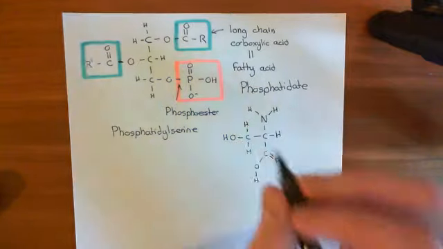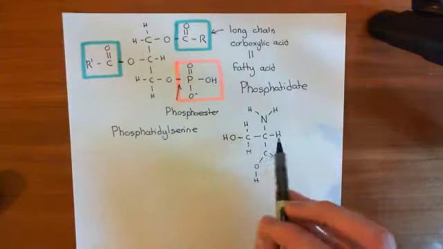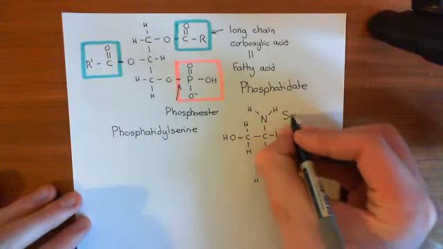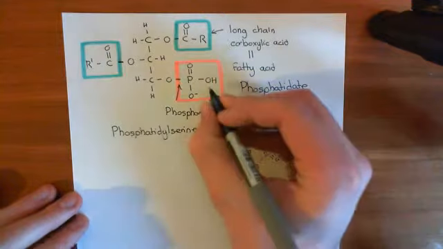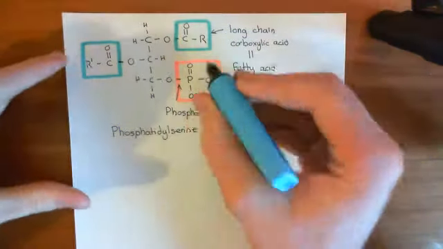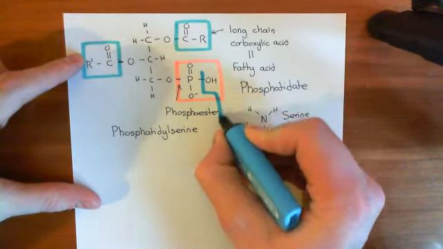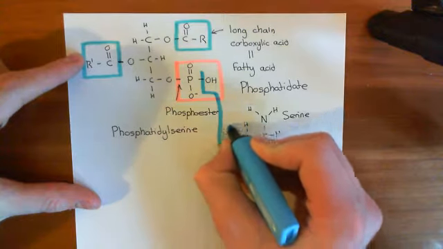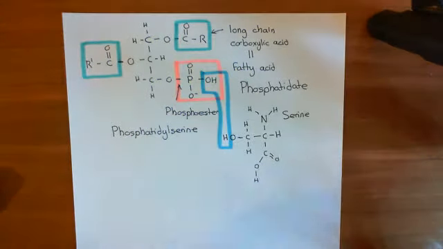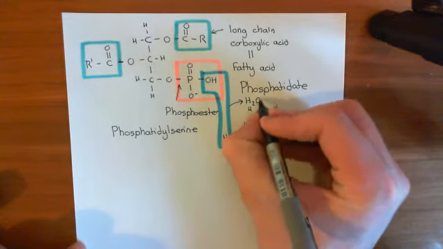Now what you are going to do is make a phosphoester bond between this hydroxyl group of the serine, so this is serine here, and the hydroxyl group of the phosphate group over there. So we're going to take off the hydroxyl group from this phosphate group. You're also going to take off the hydrogen from this hydroxyl group here, and combine them together to make water, H2O.